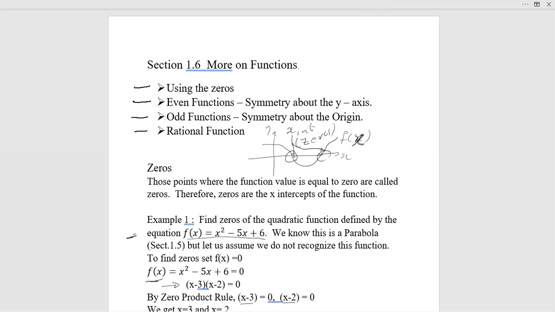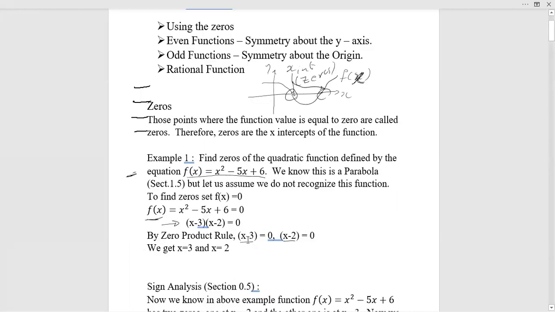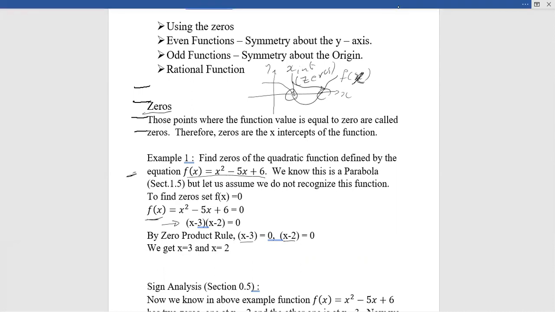Then solving those two linear equations, we get x equal to 3 and x equal to 2. So far, nothing new, right? The only thing new was this term zeros. Besides this term, everything else you are familiar with.